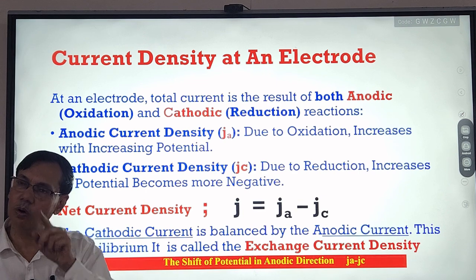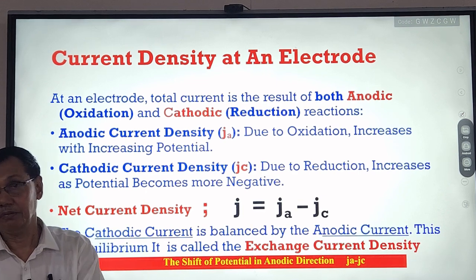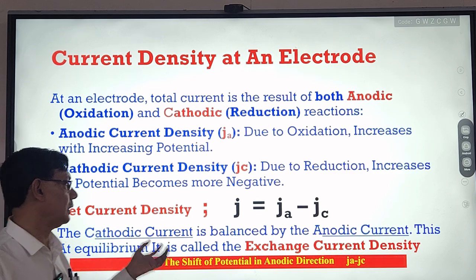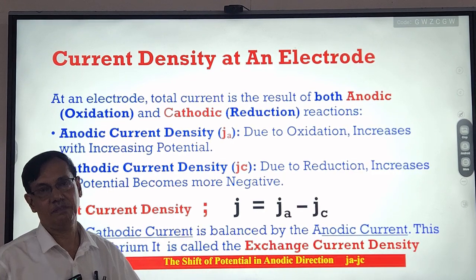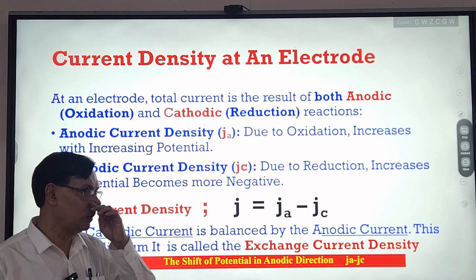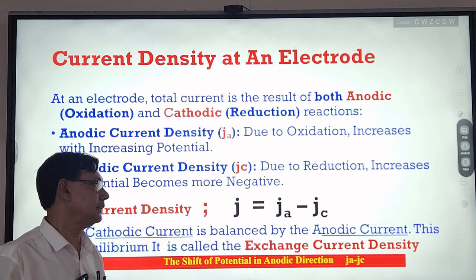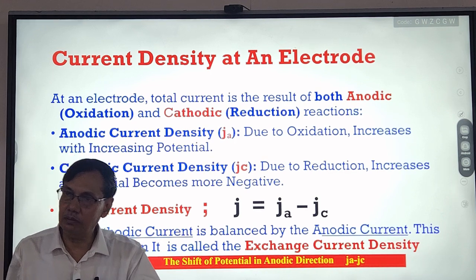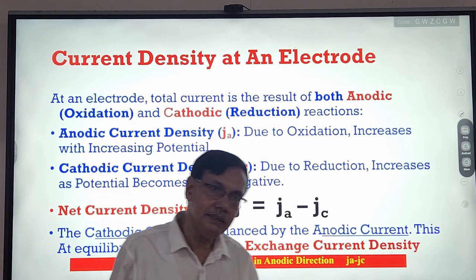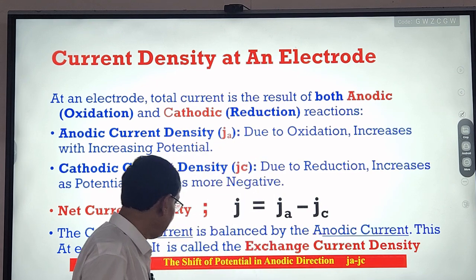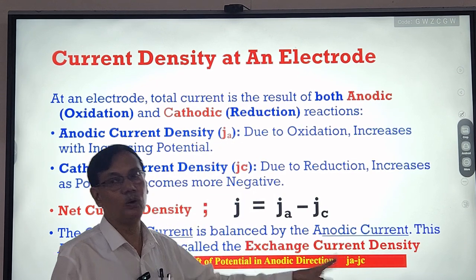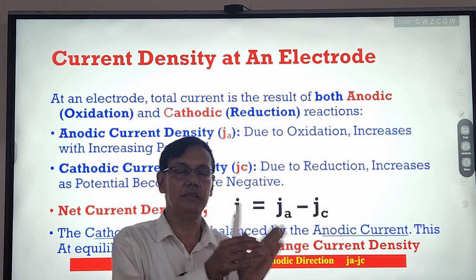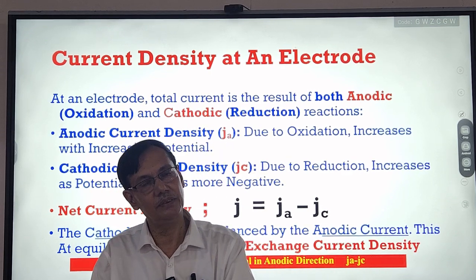You can also write small i or IC, because here I am using the shift of potential in the anodic direction. That means anodic current density is greater than the cathodic current density. Alternatively, you can also write JC minus JA. In that case, the shift of potential is in the cathodic direction. So there should be no confusion that some books say this, some books say that.